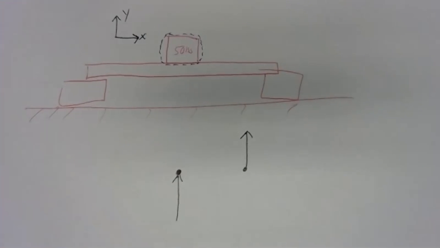Just a little tiny set of axes. The origin really doesn't matter in these problems, so all we really need to know is what direction is positive X and what direction is positive Y.